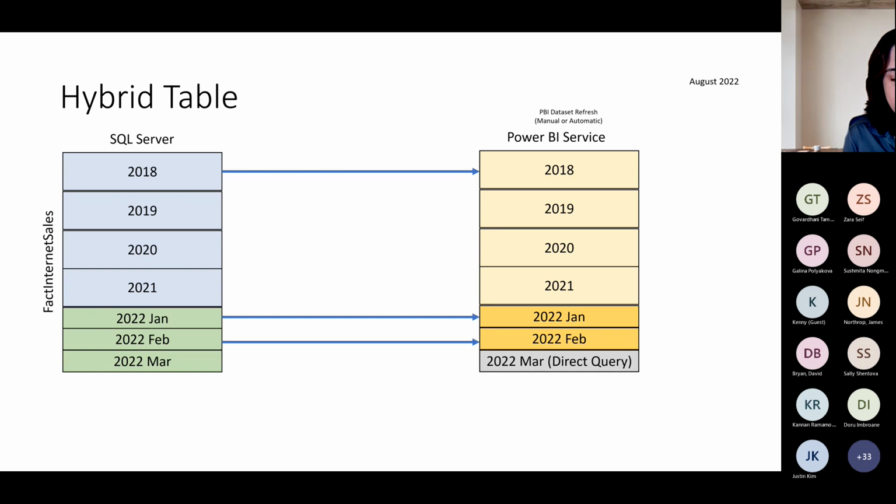Okay, so looking at the same example, now with the refreshes, whether manual or automatic, you are going to get only this top one should not be there. So January and February are going to be imported, and this last one is just DirectQuery.